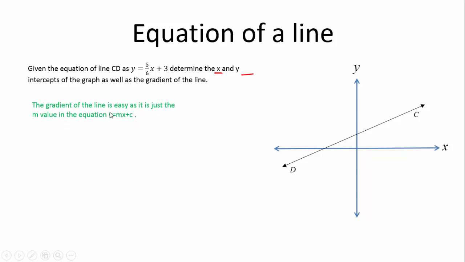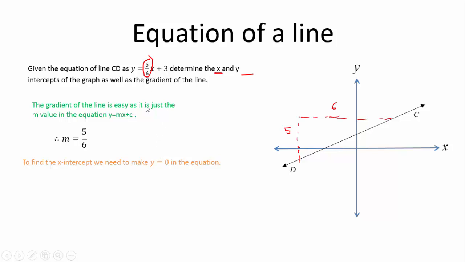So the gradient m is equal to 5 over 6. That means for every 5 points we go up, we're going to go 6 across. Let me draw that better. So 5 up, we're going to go 6 across, right? To find the x-intercept, we need to make y 0, right?